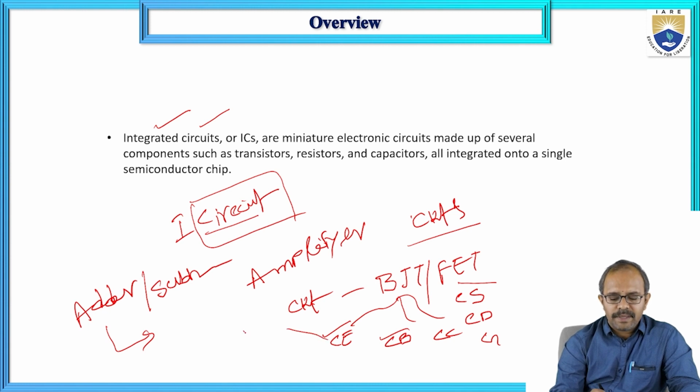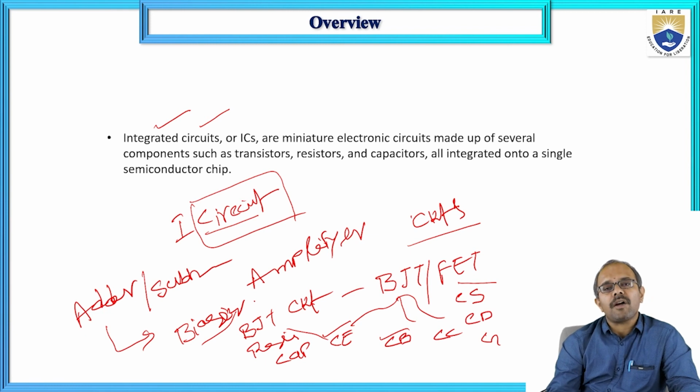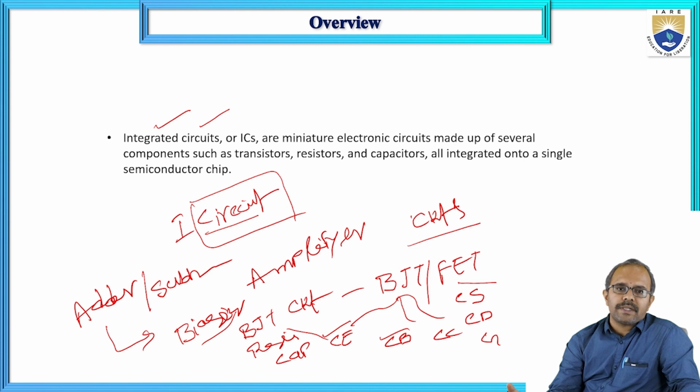You need a BJT, some number of resistors and some number of capacitors. And apart from all these, of course, the bias, another key component of these circuits. We need to provide the bias, right? So we are going to list the components required to design this particular circuit.